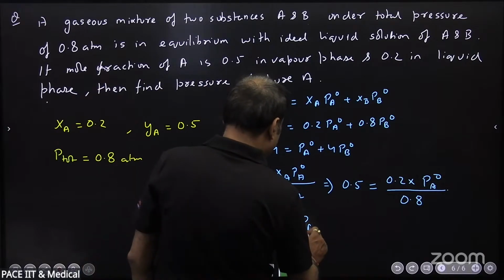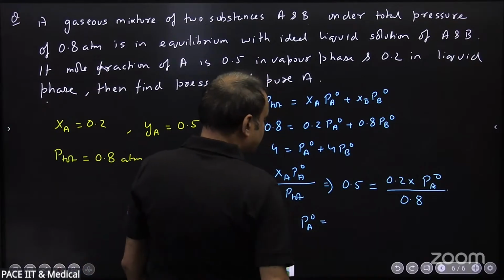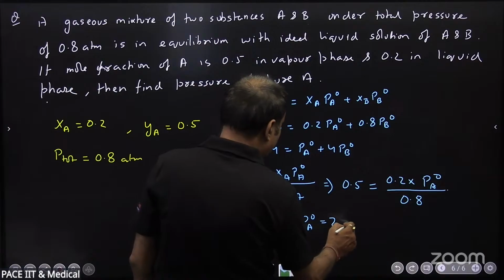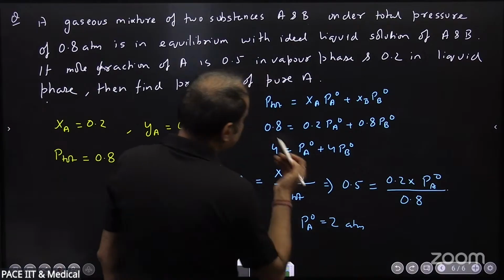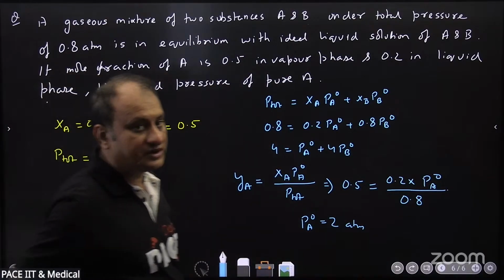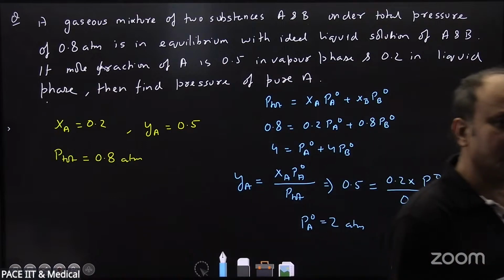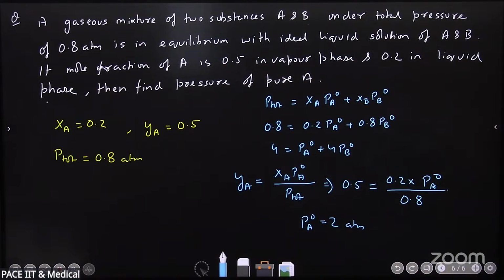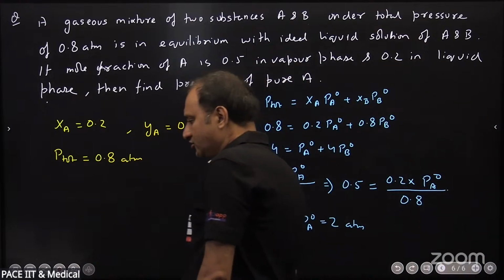So from here we get PA naught is equal to 2. Yes, you substitute in above equation, you also get PB naught. But anyway, that is not needed. We only wanted to find PA naught that we can get only by second equation. Okay? So go through this quickly.